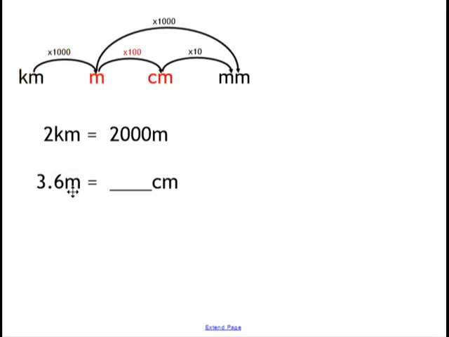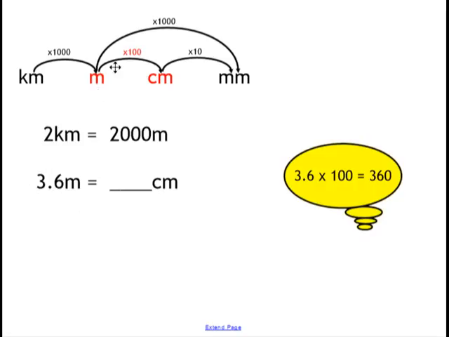Let's try another one. Metres converting to centimetres. So I put this number through. I've got 3.6 multiplied by 100 is 360. So I can see there are 360 centimetres in 3.6 metres.